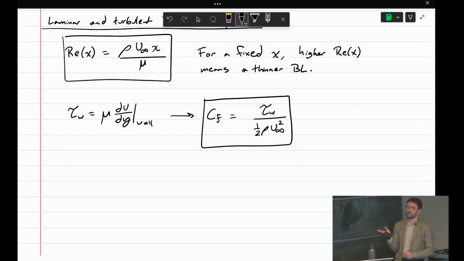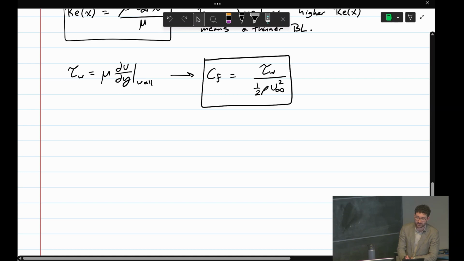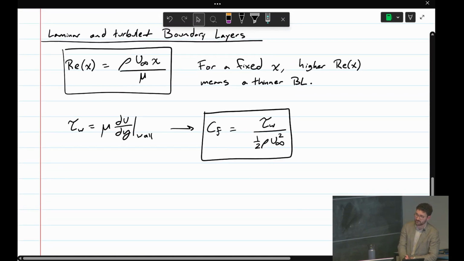So this is skin friction coefficient. You can think of this as like a non-dimensional wall shear stress. So if you know your free stream properties, if you know the velocity far away from this plate and the density, then you can non-dimensionalize this. So we should study the behavior of these non-dimensional numbers. Are there any questions about the definition of these two non-dimensional numbers?